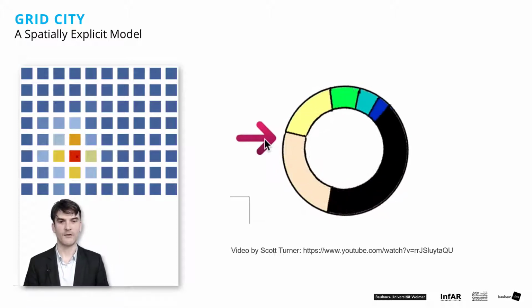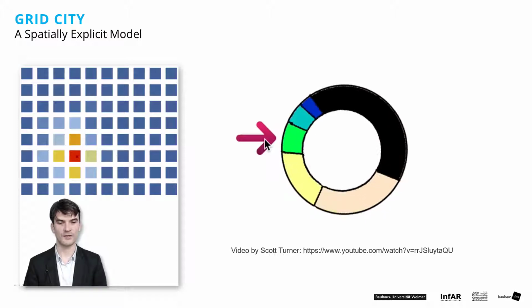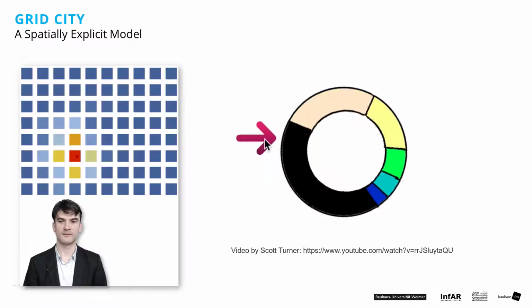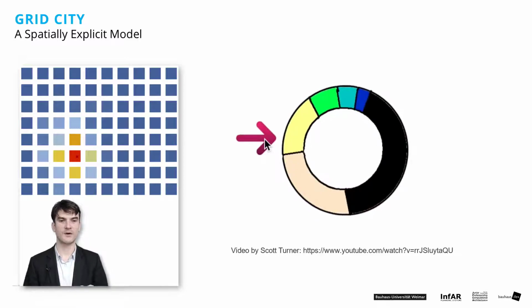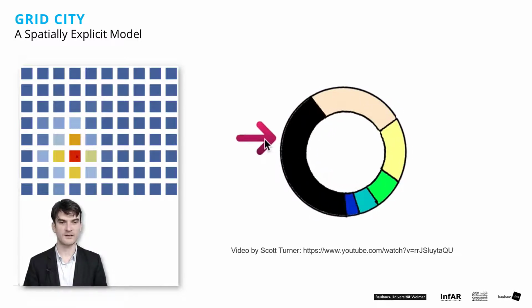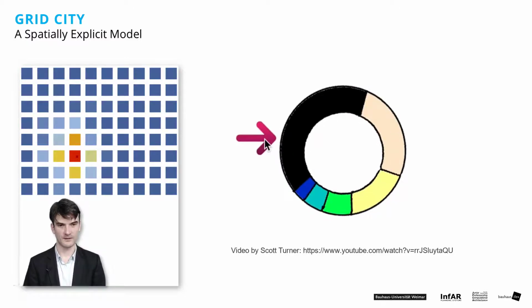But in our case, we change the sizes of the roulette wheel so that slots, or in my case the grid cells, with a higher attractivity become bigger, and grid cells with a small attractivity are very small.